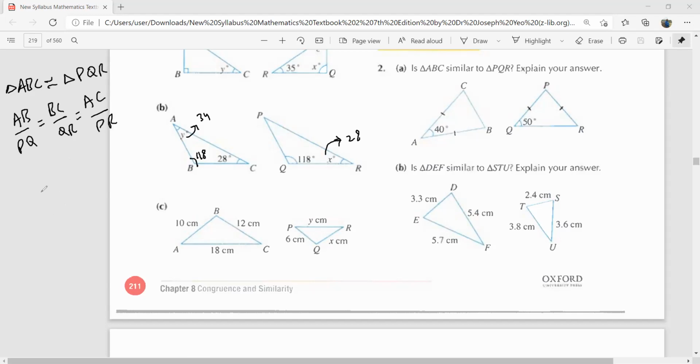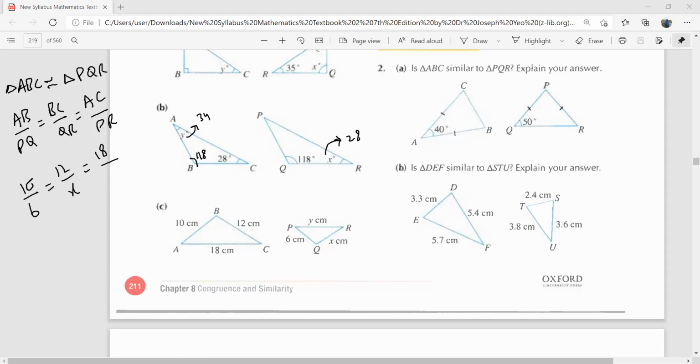Now your AB is 18, okay. Your PQ is 6, fine. Your BC is 12. Your QR is X. And then your AC is 18. And did I write AC again? What was AB? Oh, AB was 10. Oh, I was writing this wrong. Nobody told me.